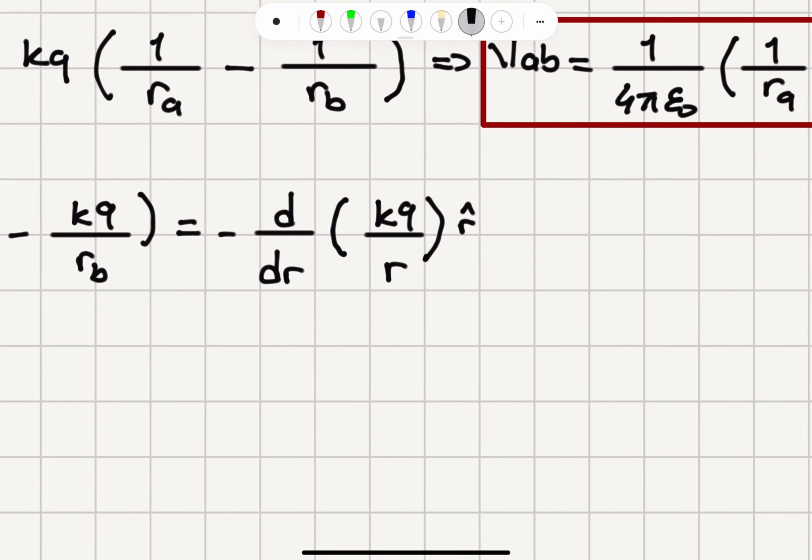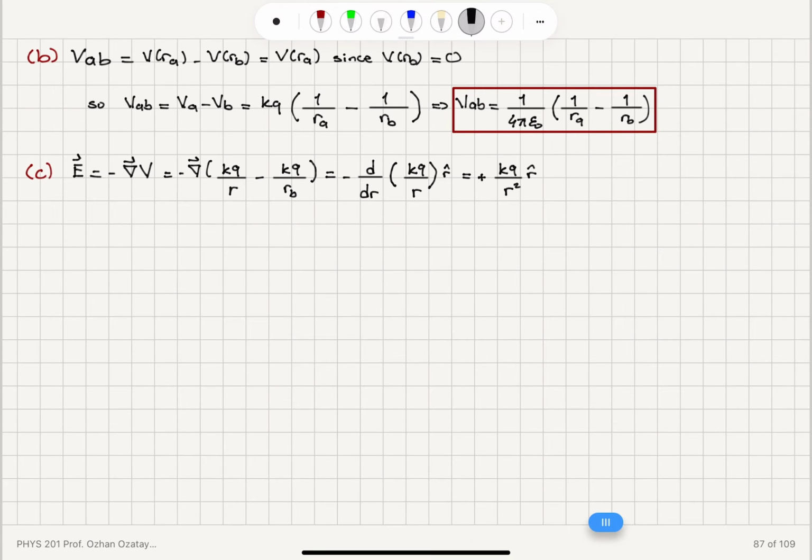Now, what is the derivative of KQ over r with respect to r? That is KQ times the derivative of r to the minus 1. The minus signs will cancel, so I will have a plus here. And then I will have r to the minus 2. So this will give us KQ over r squared in the r hat direction. So this is the answer we will obtain.